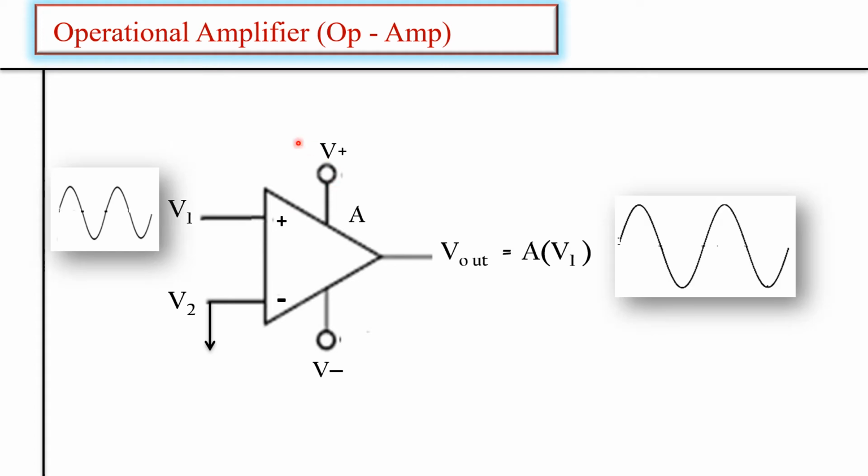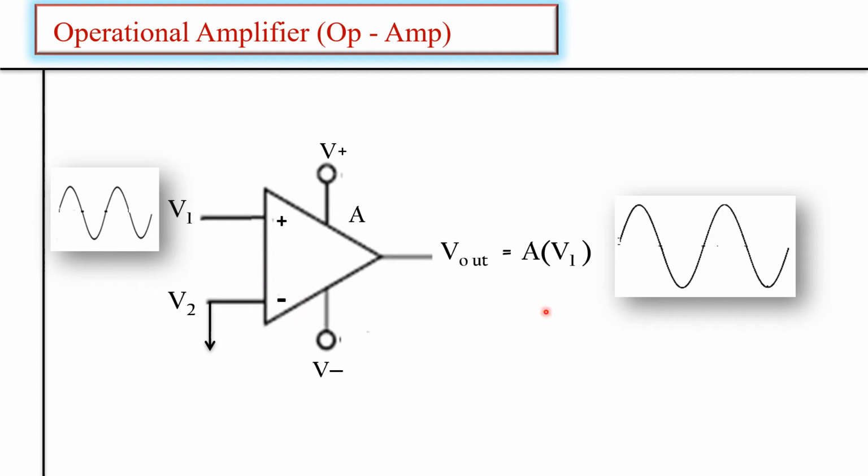Let us say we have applied a single input to the operational amplifier and the other input terminal is grounded. Then the output you will get is A into V1 minus V2, but V2 is grounded.